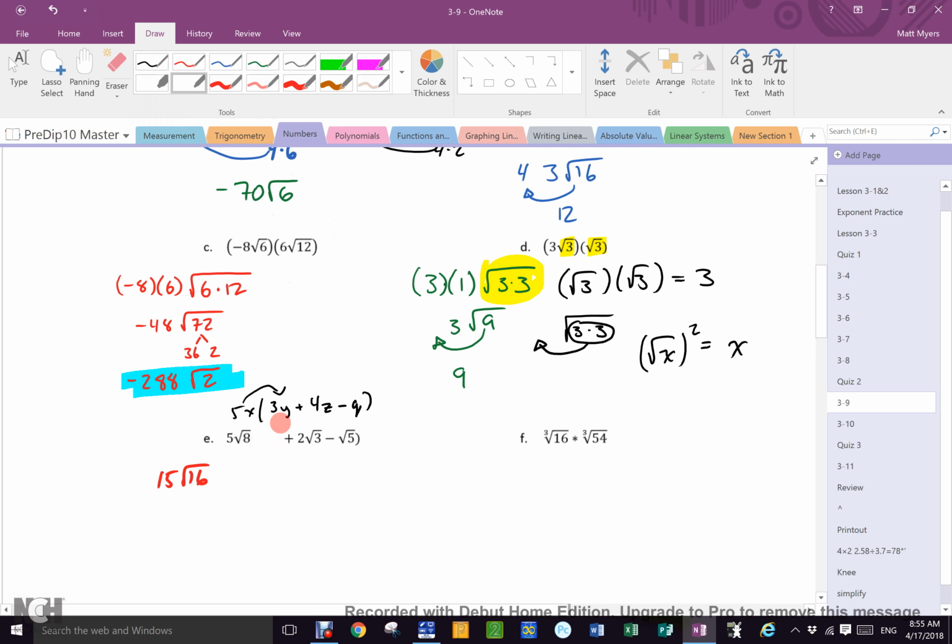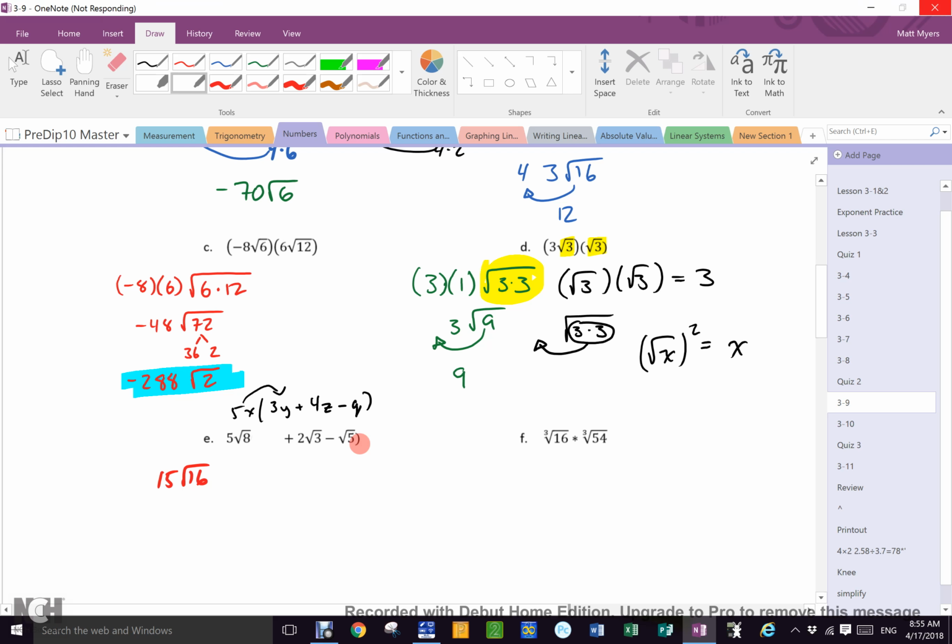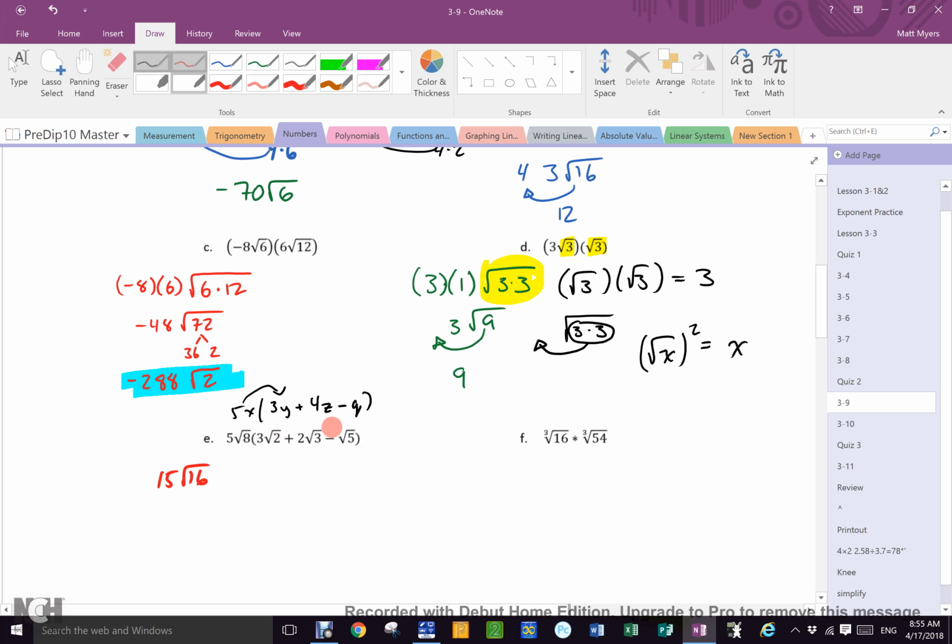It would be this. Plus what? 10 root 24. Okay? And then do the last one. Minus 5 root 40.